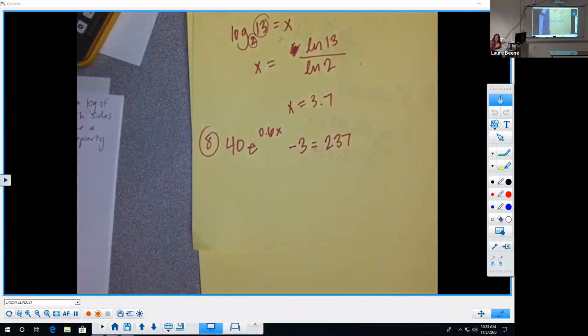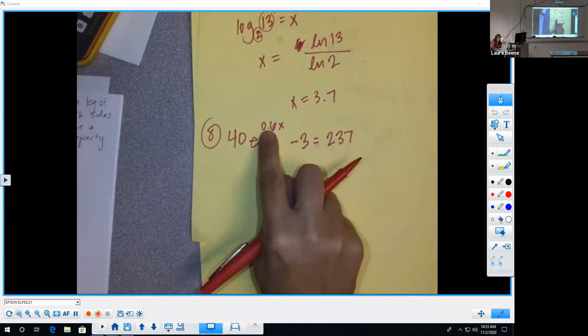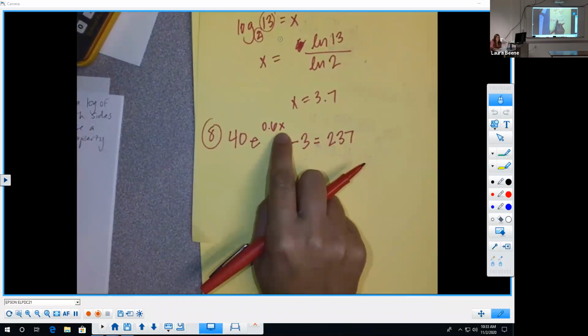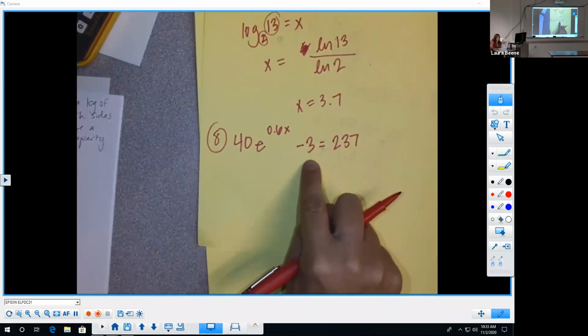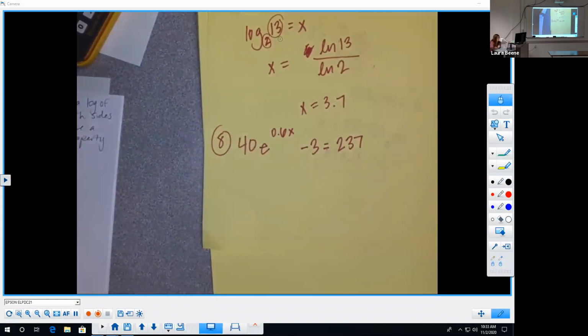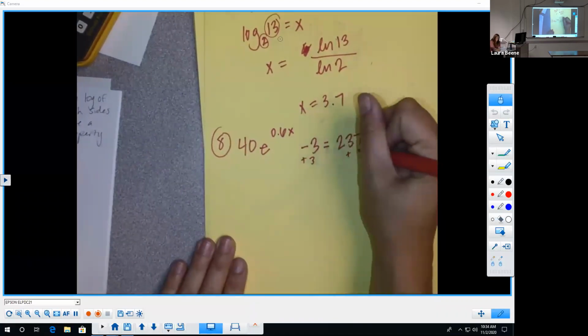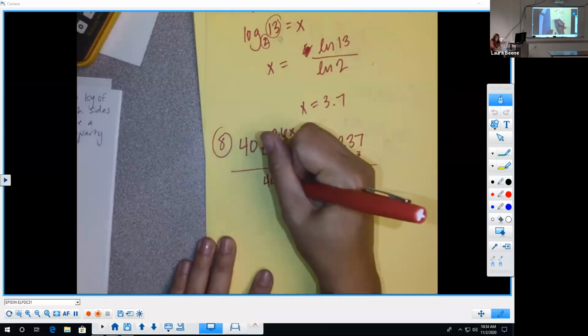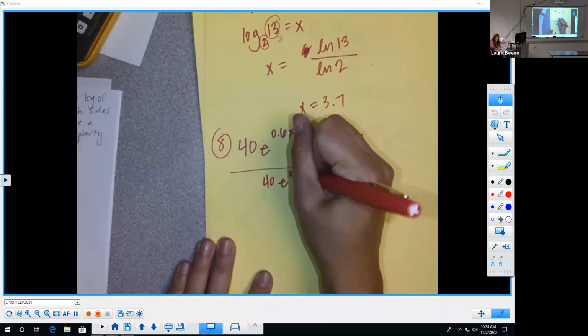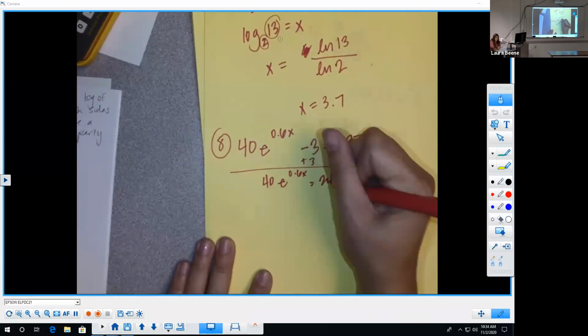The exponential part of this equation is e to the 0.6x power. I need to move this 3 and I need to move this 40. Which one are you going to move first? The 3. So add 3 to both sides. And I get 40 e to the 0.6x equals 240.